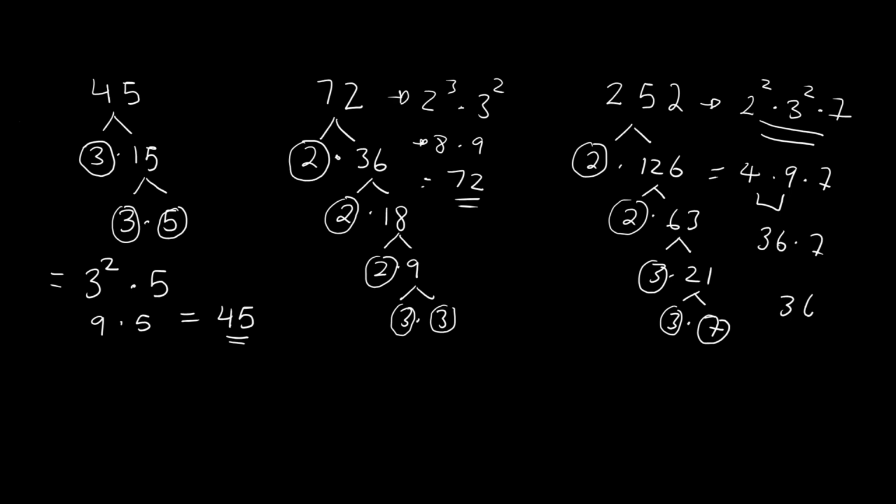Now let's multiply 36 times 7. It's a big number, so we can write them vertically. 6 times 7 is 42, and 7 times 3 is 21, plus 4 is 25. So it means that we factored this number perfectly.